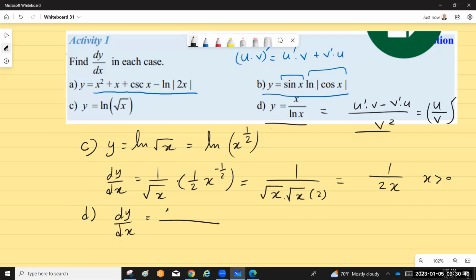Derivative of x is 1, times ln x, minus keep x, and the derivative of ln is 1 over x. And down, you just write ln x all squared. So the answer is ln x minus 1 over ln x all squared. And this is the derivative.